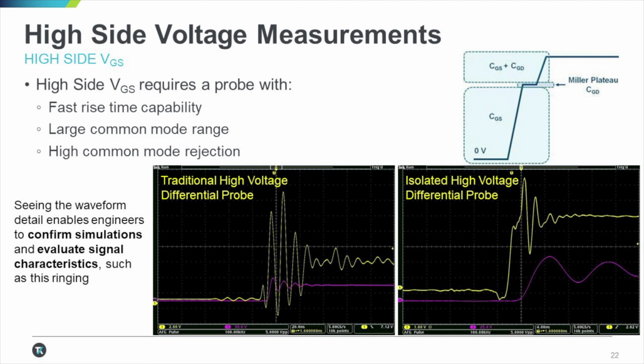As shown in the upper right-hand part of this slide, we see the ideal state of a high-power switch mode power supply, where we see the region of CGS charge time to the Miller plateau, and then the full state of conduction. But in reality, what we see is the screenshot on the left, which is the very strong, large common mode voltage overshadowing the differential voltage measurement which we want to make.